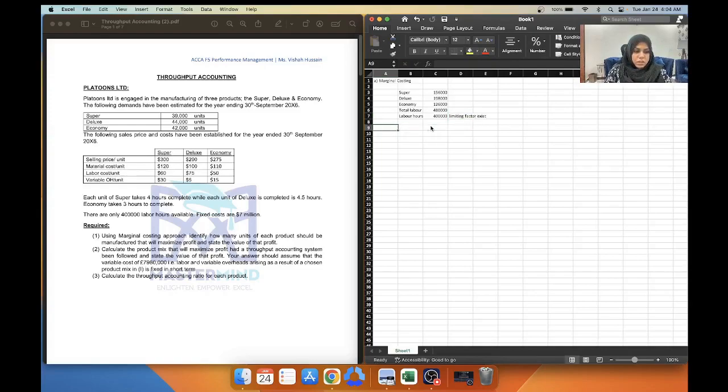Now the second step was to compute contribution per unit. So simply compute the selling price minus your variable cost.